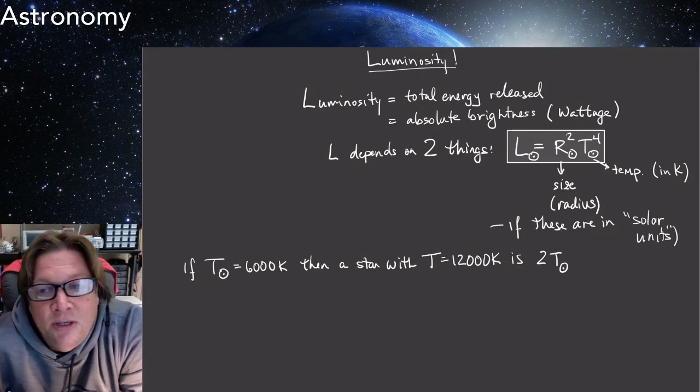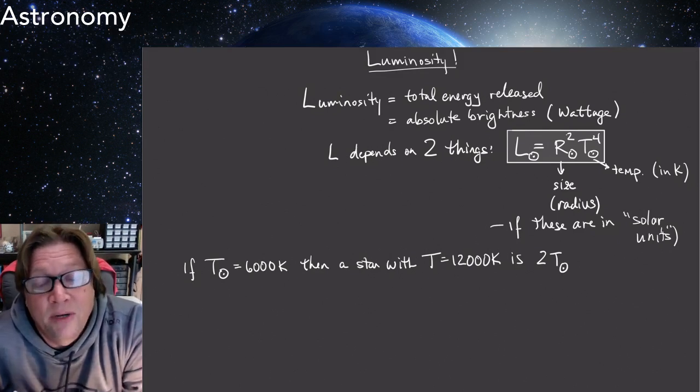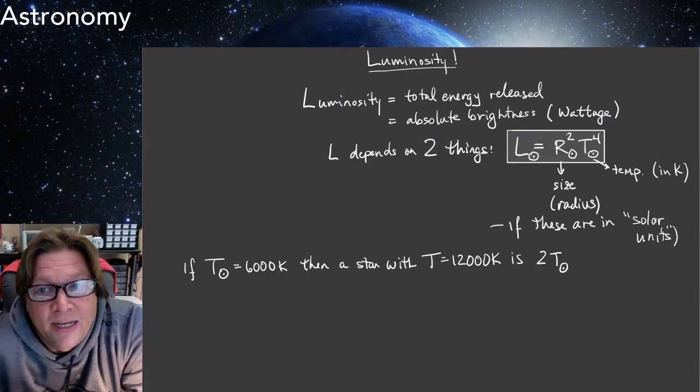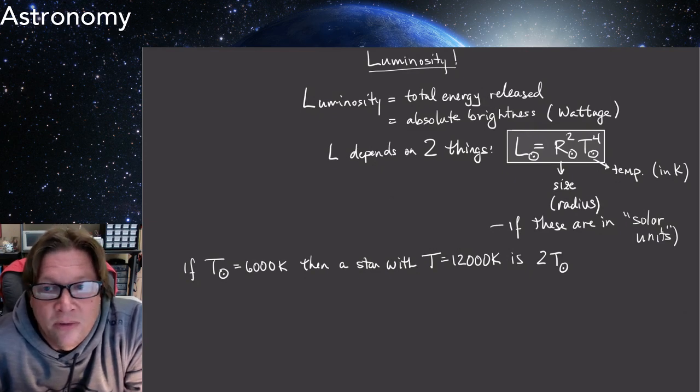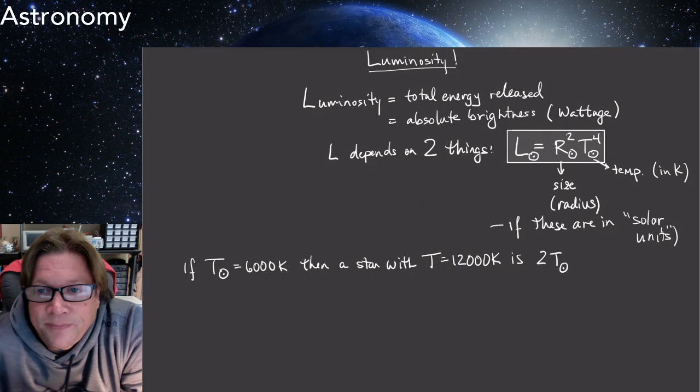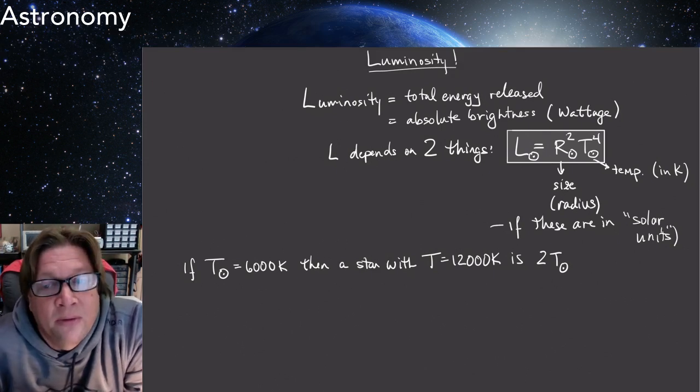See, so all you do is you just divide whatever the absolute number is by the solar one, and then you get the thing in terms of solar. So if something is 3 times bigger than the sun, then R solar would be 3. Okay, and if you do that, then you can compute L solar, the amount that the star is brighter or dimmer than the sun in solar units.